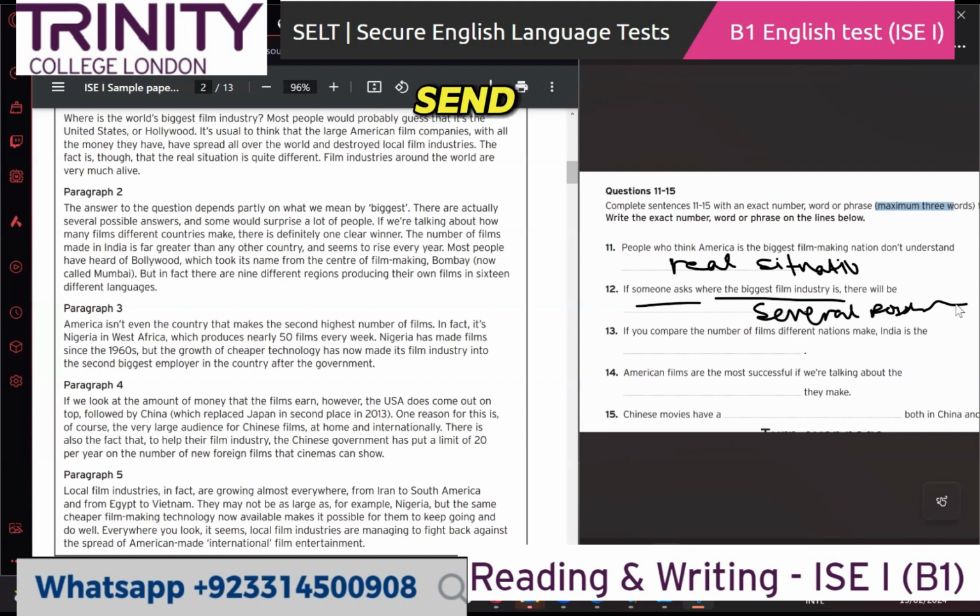Give me the exact word or phrase. America is even the country that makes a higher number. I didn't understand this.